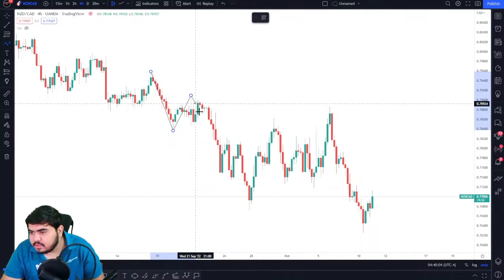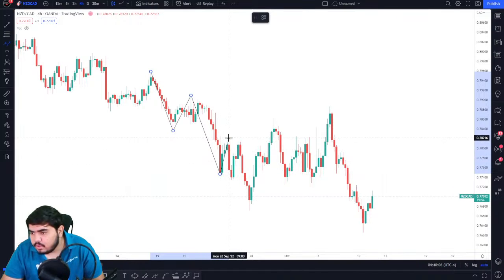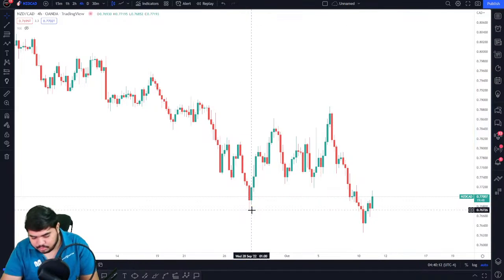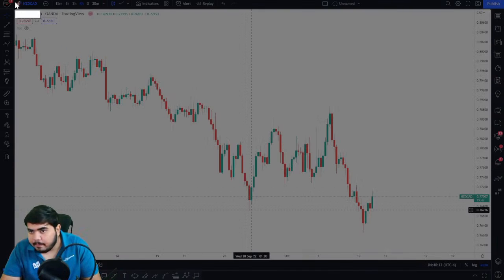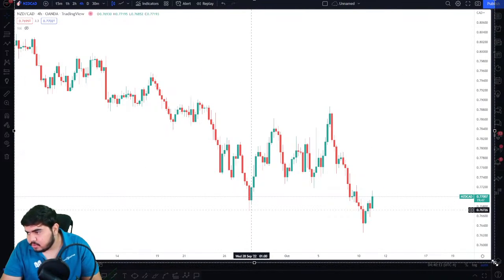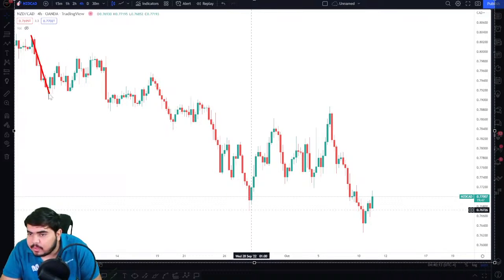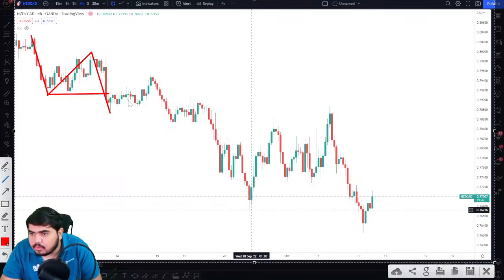We have this high, low, this high, low, high, lower low. Okay, I can even use the pen, I guess, to show what we are expecting. So on the NZD CAD 4-hour time frame, we can see market has created this low, created this high, a lower low at this point.